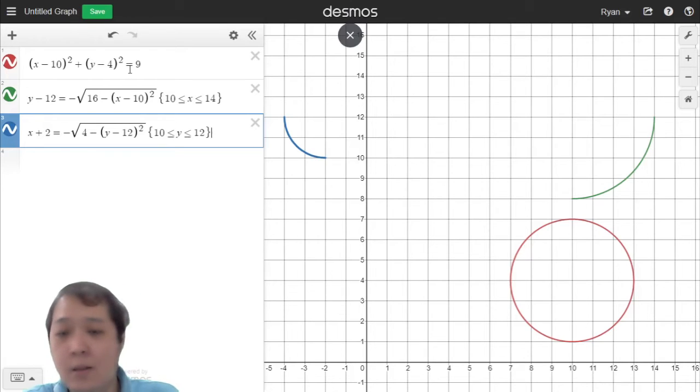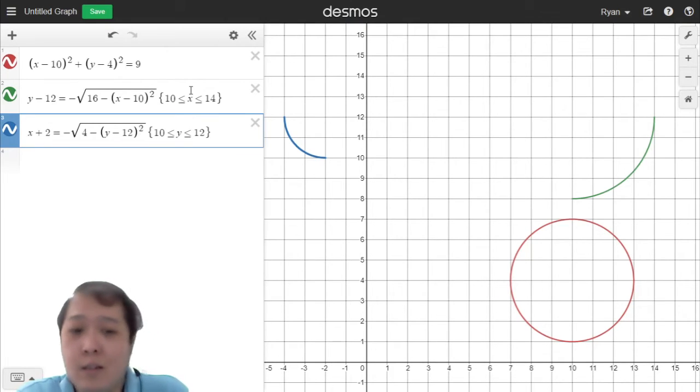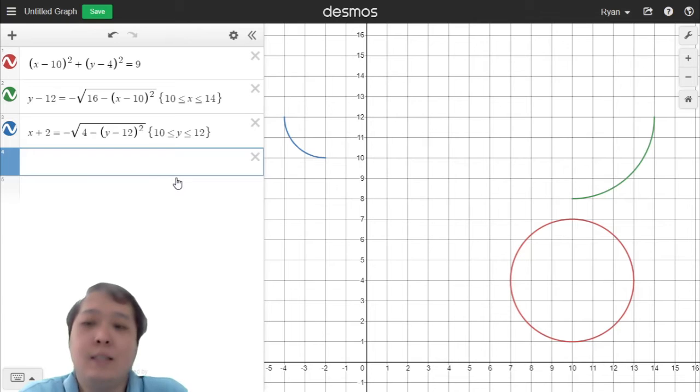Besides all these circle equations that can be modified into quarter circles or semicircles, of course we are also going to use straight line equations, but this is quite basic.